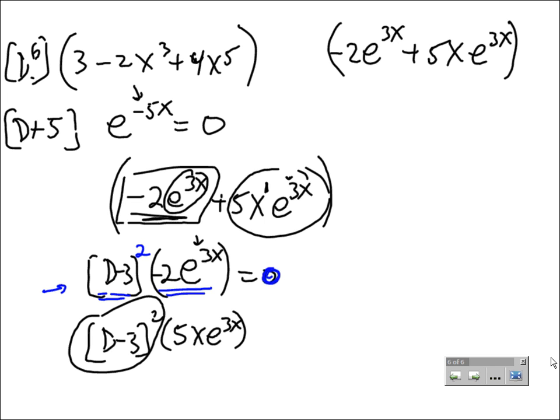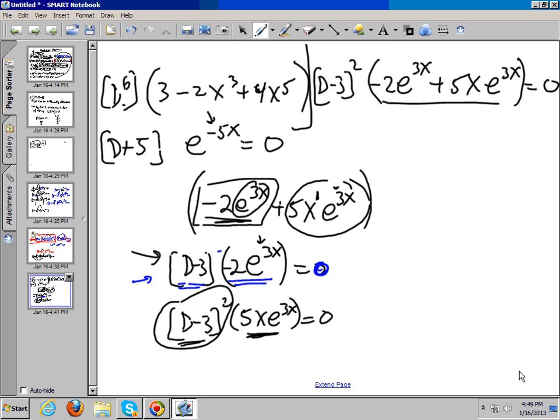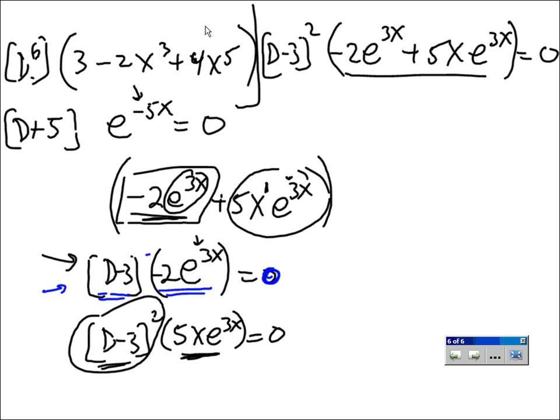And the one above, you only needed to do it once. For once wouldn't annihilate this. 2 times using d minus 3. So the answer is d minus 3 to the second power will annihilate that. Now, let's look at another set of annihilators.